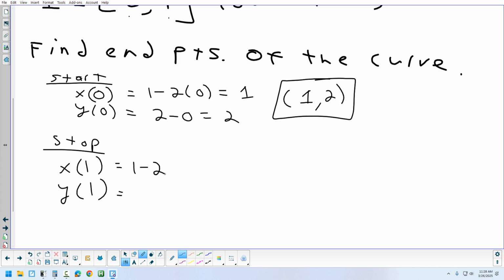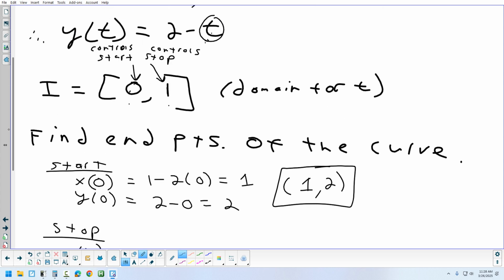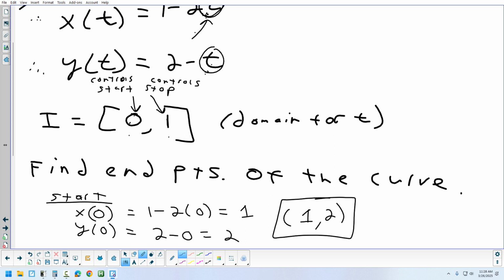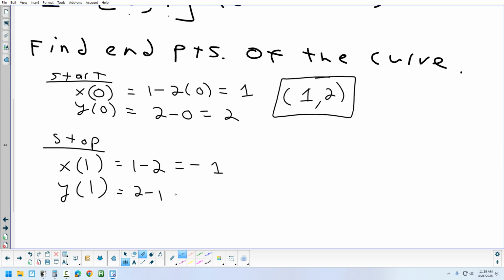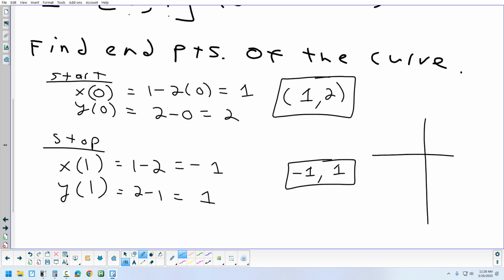Well, 2 times 1 is 2. What's 1 minus 2? Negative 1. And if we plug 1 in for t in the y formula, you get 2 minus 1, which is 1. Okay. So this graph is going to stop at an x value of negative 1 and a y value of positive 1. So think about if you draw those points.